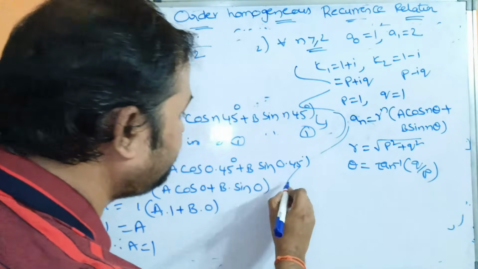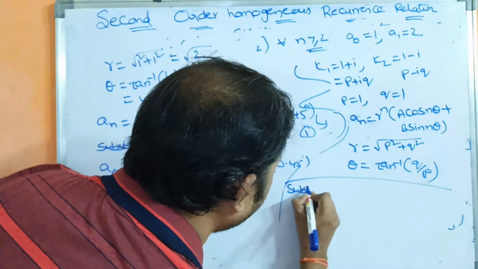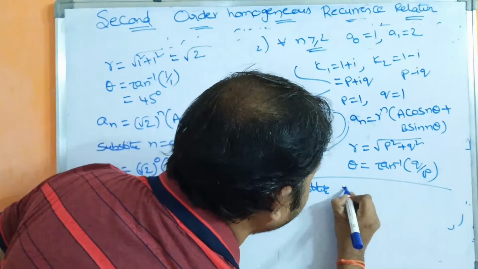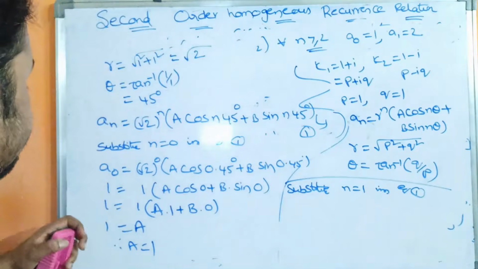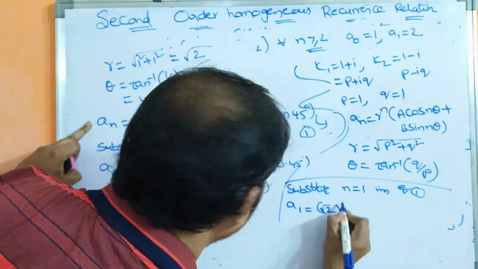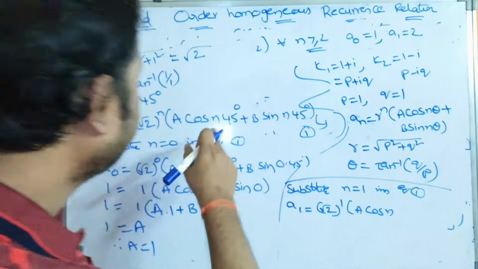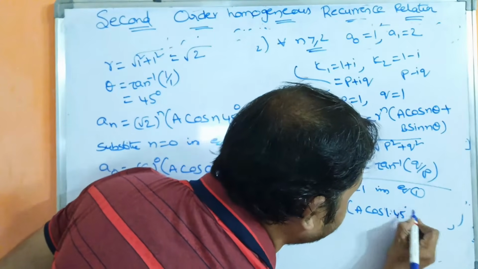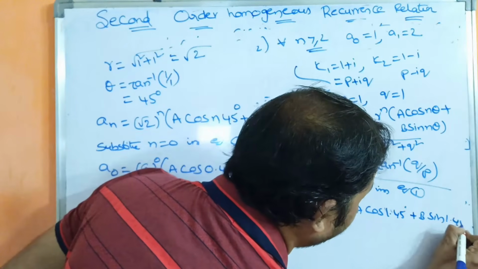Now we have to obtain B. In order to obtain B, substitute n is equal to 1 in equation 1. So a_1 is equal to root 2 power 1 into A cos 1 into 45 degrees plus B sin 1 into 45 degrees.